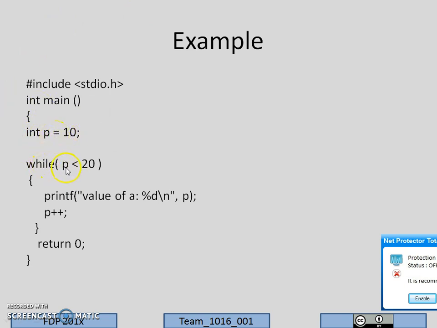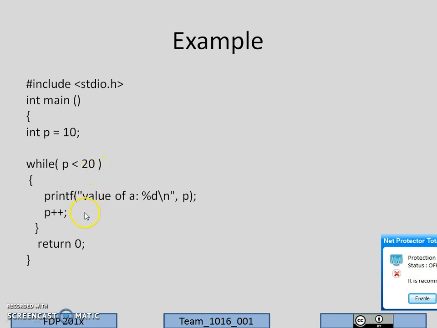Now while p is less than 20, it does the same action till the condition fails. So printf value of p, it will display 10 and then increment the value of p by 1. It becomes 11. It will check whether p is less than 20.